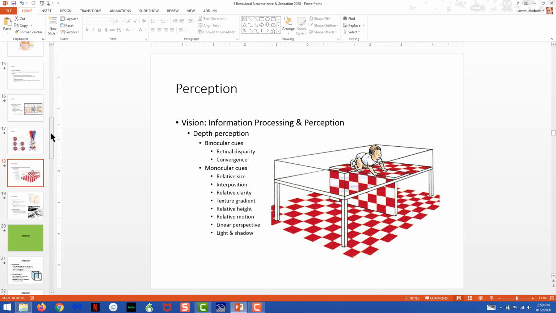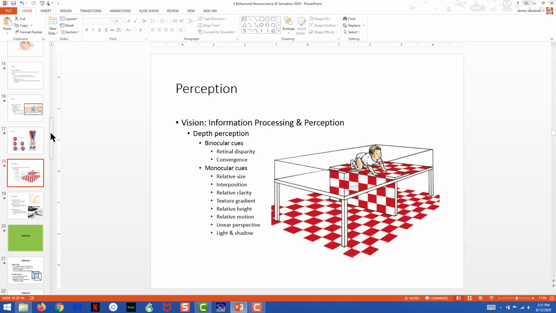Convergence actually is an aspect that comes from the muscular activity of your eye. And for some reason, you just don't hear about convergence much. But convergence is literally the fact that you have to rotate your eyes all the time to be able to see objects close to you or further away. And with no conscious input on your part, and without anybody ever teaching you this from the time that you were an infant, the muscular activity of your eye gets eventually picked up by your occipital lobe as an additional cue to determine where things are, close or far away.